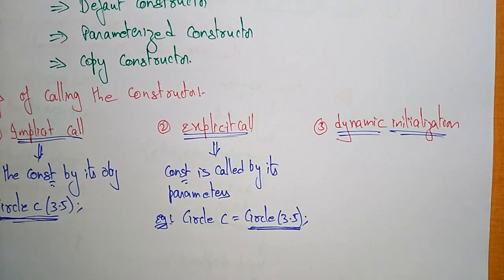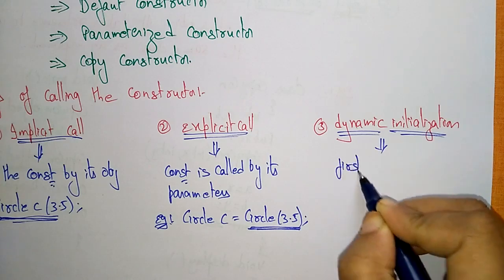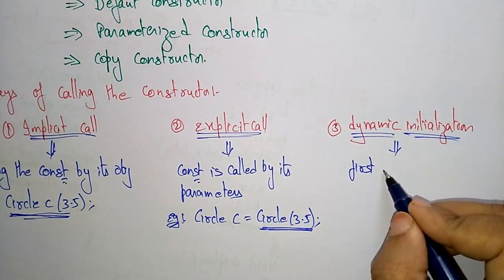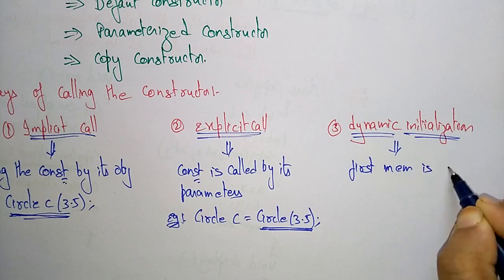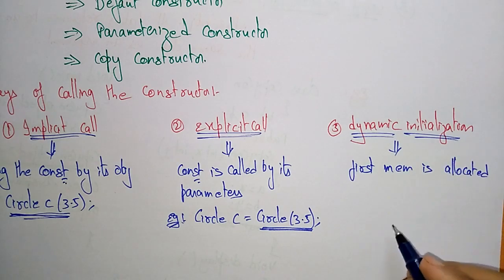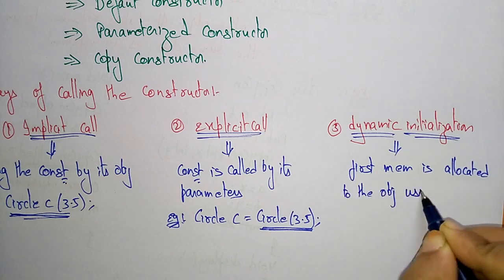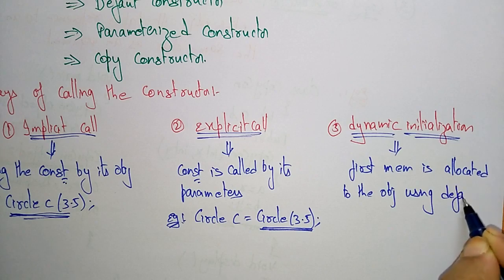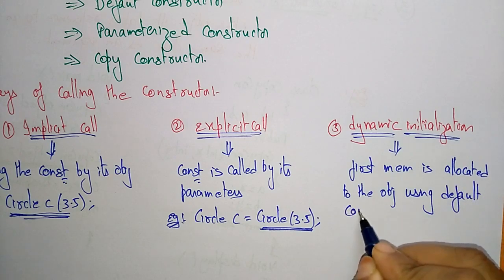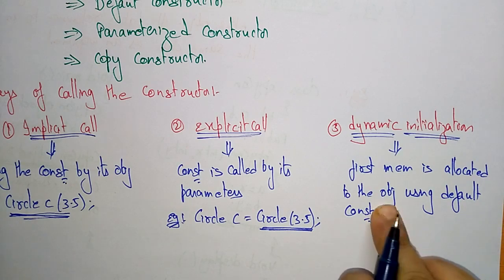Now coming to the dynamic initialization. Dynamic initialization means first memory is allocated to the object using the default constructor. So in the dynamic initialization, first memory is allocated to the object by using the default constructor.